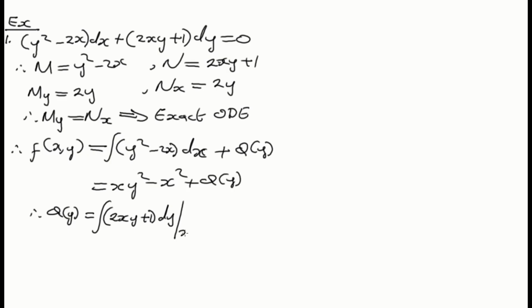Our interest is only on the x free terms, so that we don't waste our time integrating terms which we will not use. This term here is having both x and y, I will not waste my time with it. Therefore it means we must only integrate this constant. Therefore the answer here is just y.